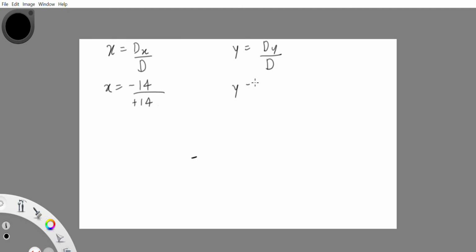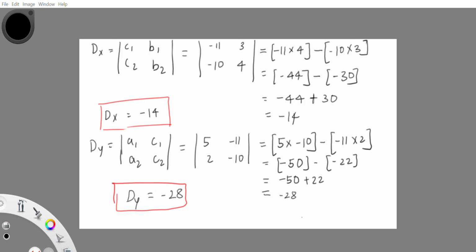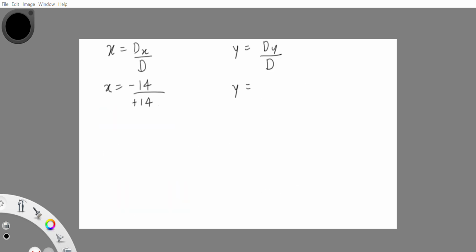Now y, my value for Dy is minus 28, so here I have minus 28 divided by plus 14. When we solve this, we get x is equal to minus 1 and y is equal to minus 2. So my solution is x comma y is equal to minus 1 comma minus 2.